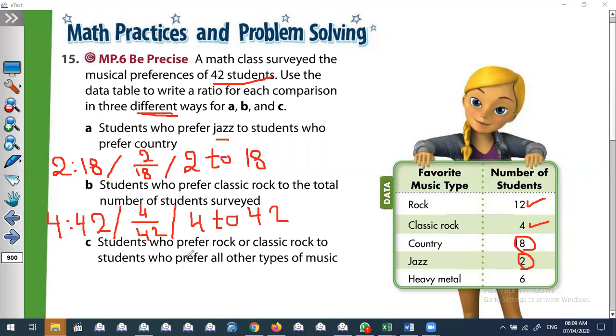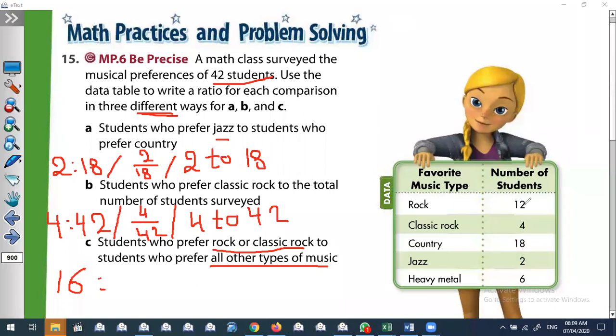Students who prefer rock or classic rock. Rock is 12. Classic rock is 4, so both of them together 16. Students who prefer all other types, all other. He didn't say the total. Okay, let's find all other.